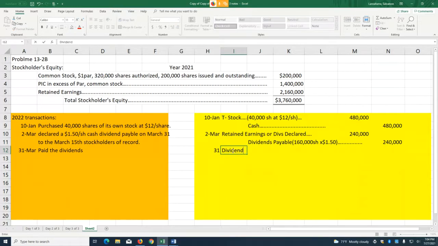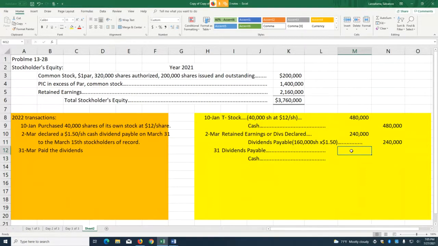So debit the dividends payable and credit cash. Whenever you get rid of the bull, you're going to do the opposite of how you created the bull. You originally created the bull as a credit, and now you're debiting it to close it out or to get rid of it.